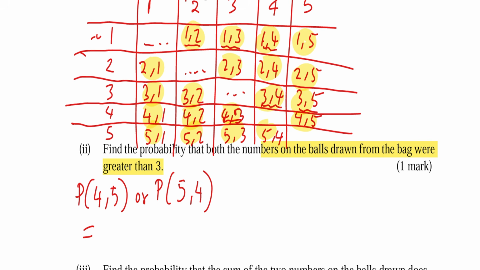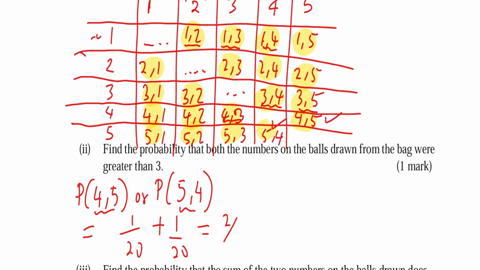So there are 20 probable occurrences. So the probability of getting 4 then 5 is just 1 over 20. The probability of getting 5 then 4 is also 1 out of 20. So you just add those two: 1 over 20 plus 1 over 20, which is 2 over 20. If you simplify it by dividing by 2, your answer is 1 over 10. An easy question, I haven't seen a hard one like this.